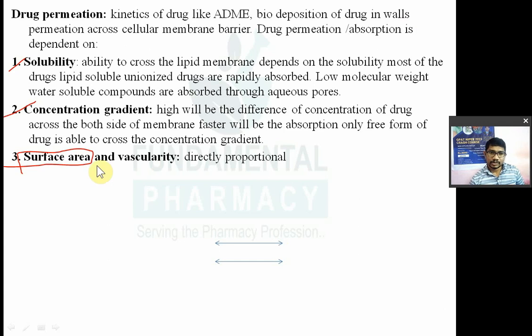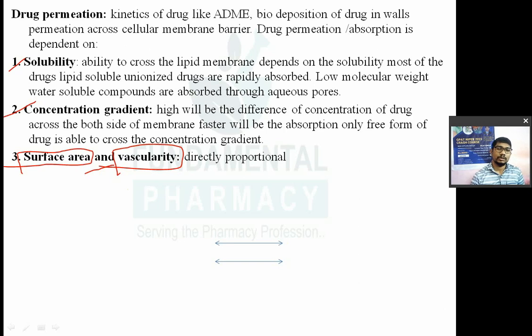So vascularity, and number of blood vessels to that particular area of absorption is directly proportional to the absorption. So absorption will be increased if vascularity is there. If there is less vascularity or fewer blood vessels in the nearby area, so less absorption. So absorption is directly proportional to surface area and vascularity.